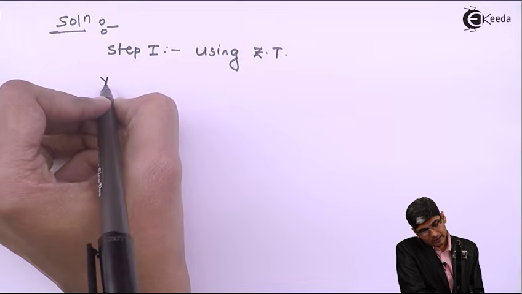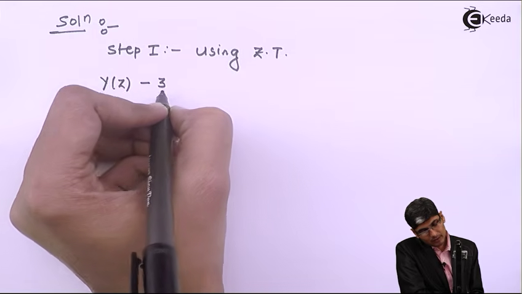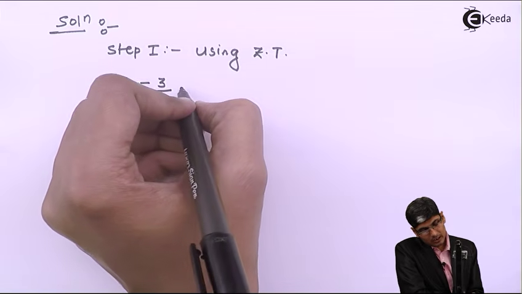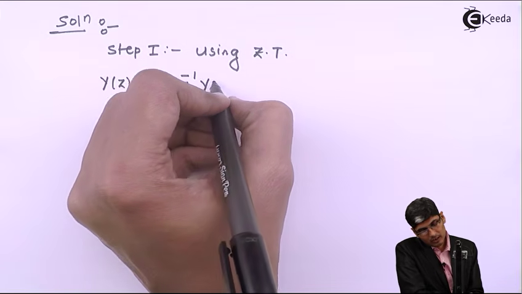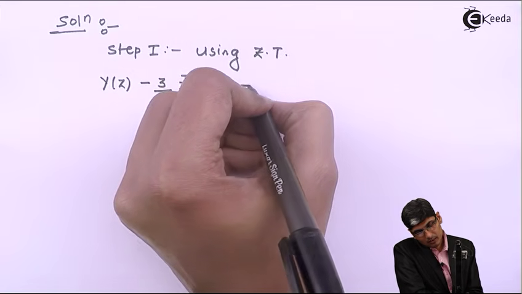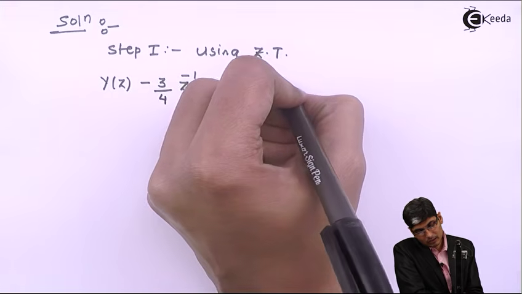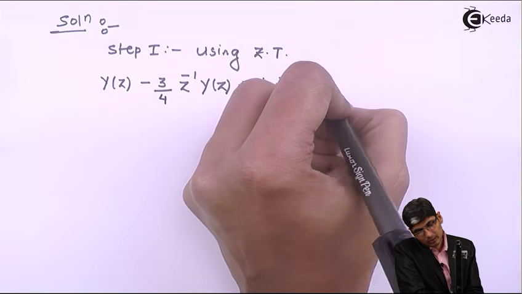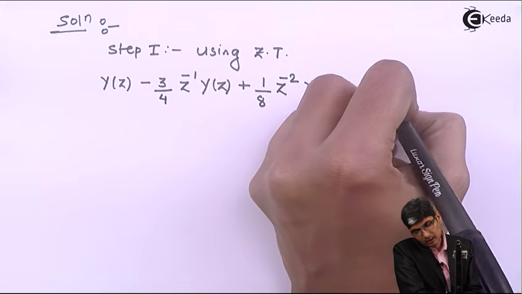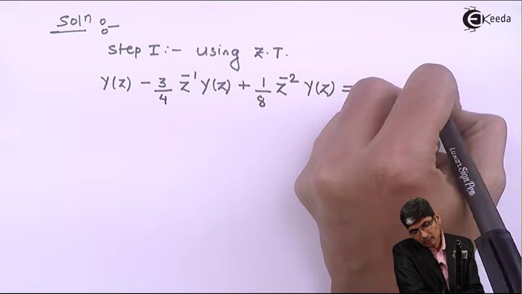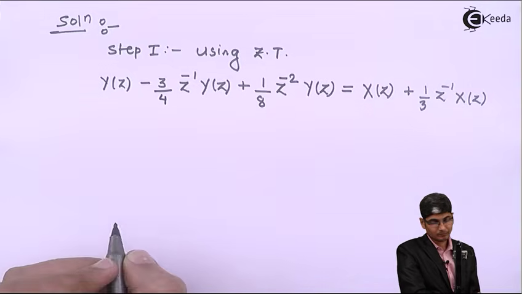So if I apply the z transform, then y of n will be Y of z, minus 3 by 4 constant, then I have y of n minus 1, so I will write z inverse into Y of z, plus 1 by 8 y of n minus 2, so I will multiply Y of z by z raised to minus 2, which is all equal to x of n written as X of z plus 1 by 3 z inverse X of z.